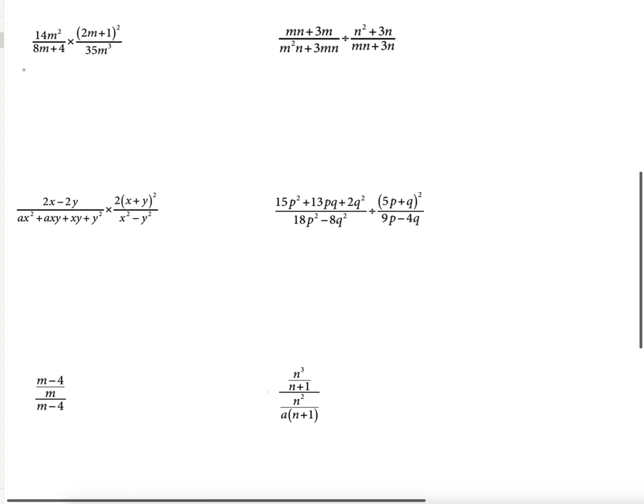So in the first case, we have to factorize the denominator to give us 4, 2m plus 1. Okay. Remember that the numerator gives us a clue that there must be a 2m plus 1 in the denominator.